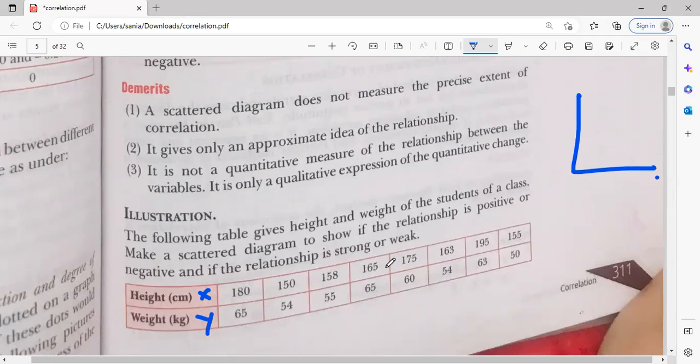How will we take the scale? The scale is up to you. Over here they are starting from 50 and 65, so you can take 50, then 60, then 65. And here it is 150 and all that, so you can take 150, 160, 170, 180 like this. Okay.